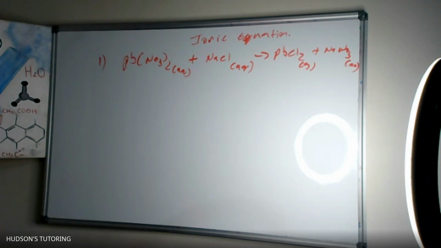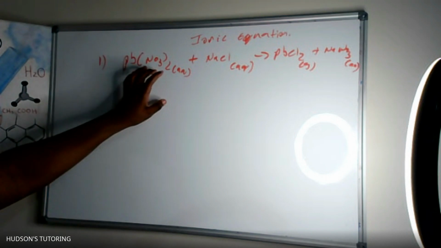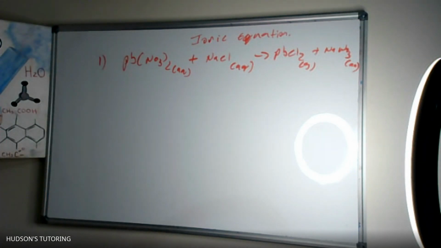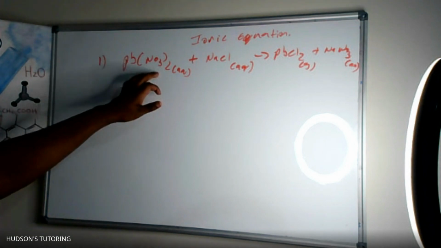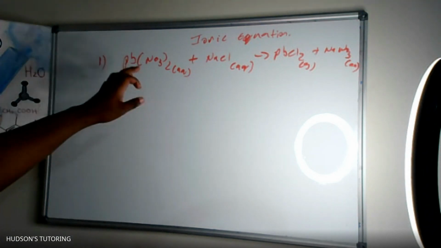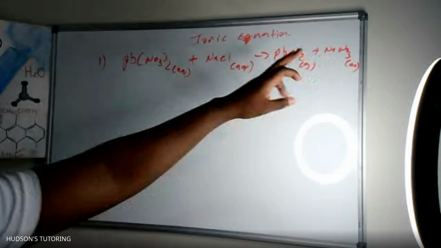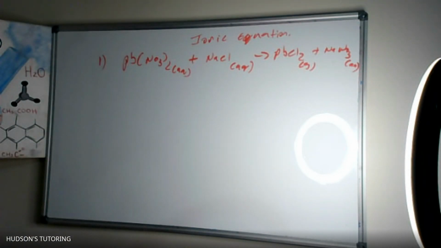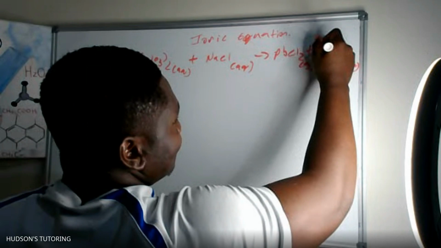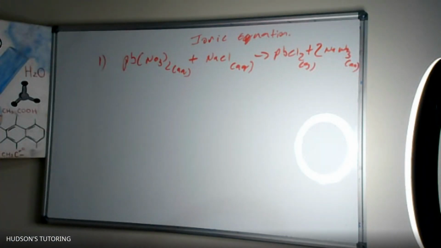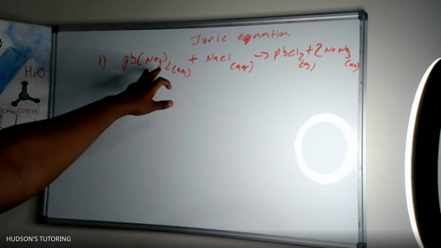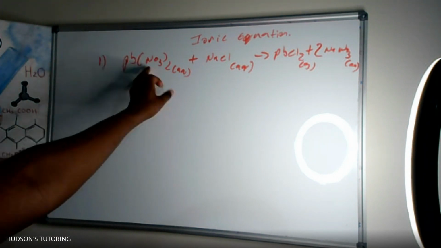Someone talk to me. Oh, bear in mind, I forgot to mention, if you have a radical, we treat the radical as a single entity. So this is a nitrate radical, and we have 2 nitrate radicals on this side, and on this side we only have 1. So we simply need to put a 2 here to balance it. Once we have a radical, we don't need to split up the individual atoms. You don't need to say this is 6 oxygen on this side and this was 3.